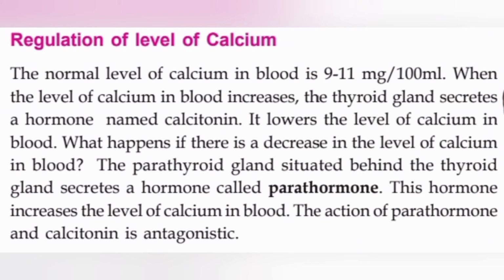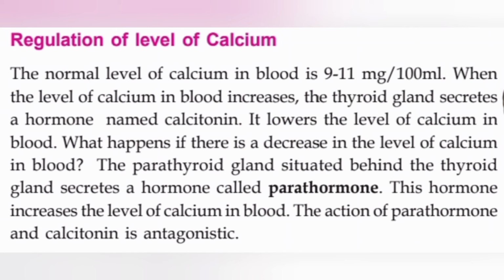When the level of calcium in blood increases, the thyroid gland secretes a hormone named calcitonin. It lowers the level of calcium in blood. Thus, the high level of calcium in blood will be decreased by the action of calcitonin produced by the thyroid gland.